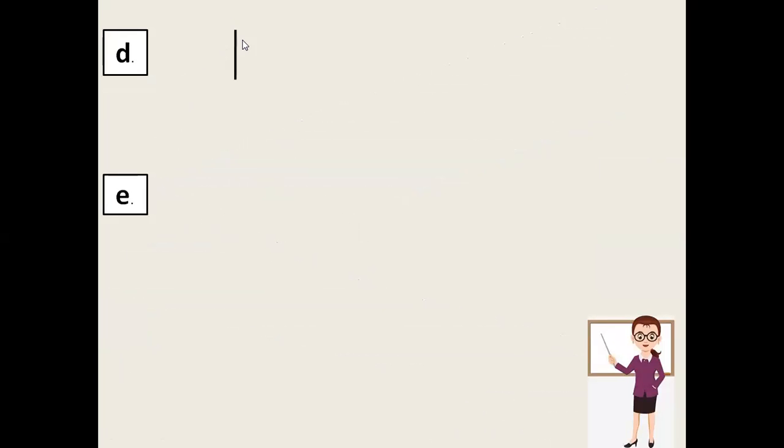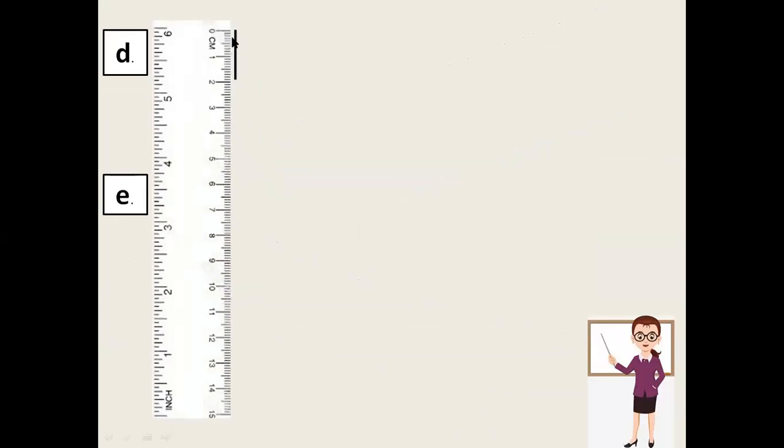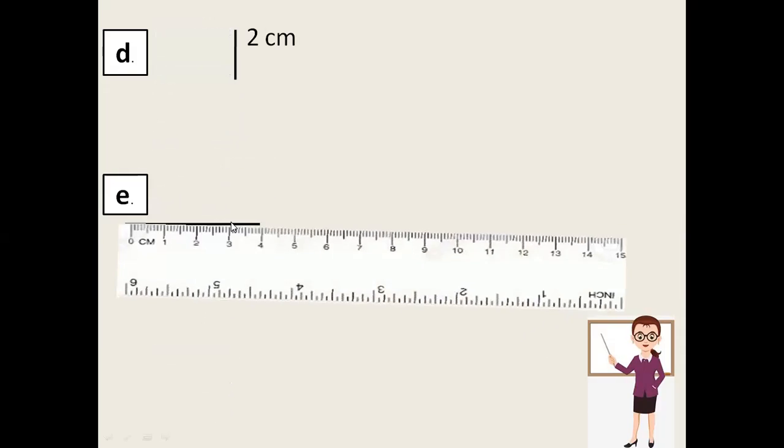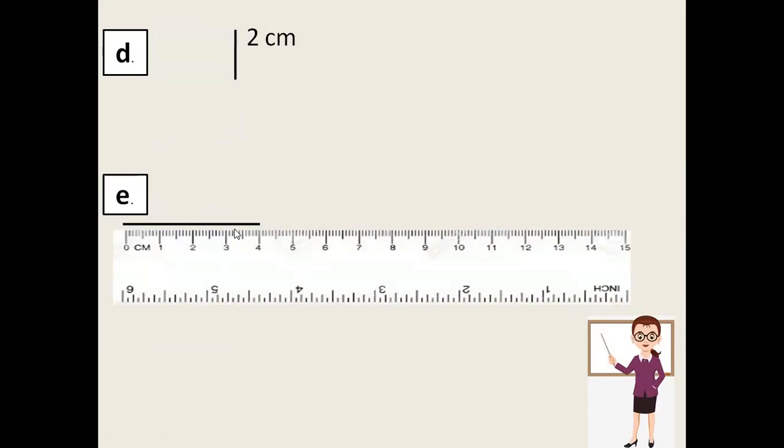This standing line, keep your scale like this, start from the 0 and thus the length of this line is 2 centimeters. And the length of this line, you just put your scale like this and the length of this line is 4 centimeters. So you can find out the length of a line by this ruler.